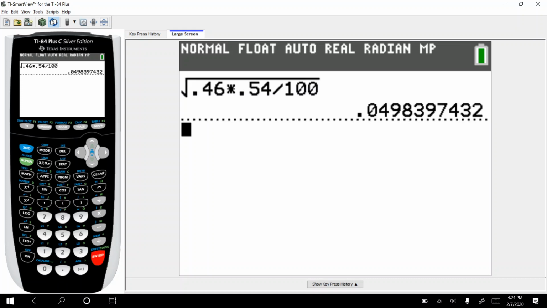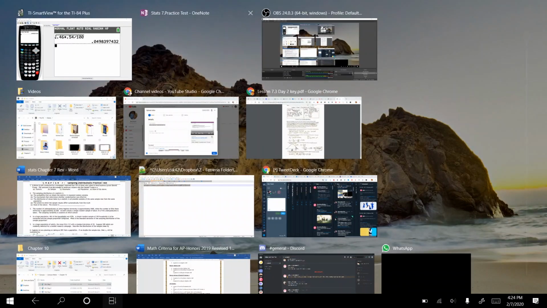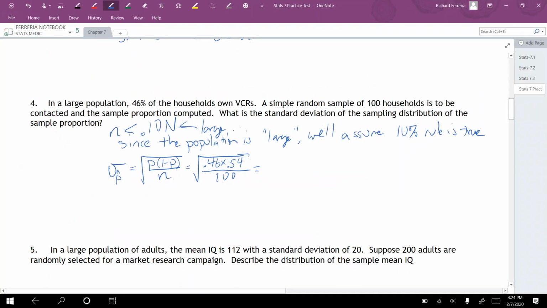That gets us a value of 0.0498. So that is the standard deviation of our sampling distribution for the proportion.